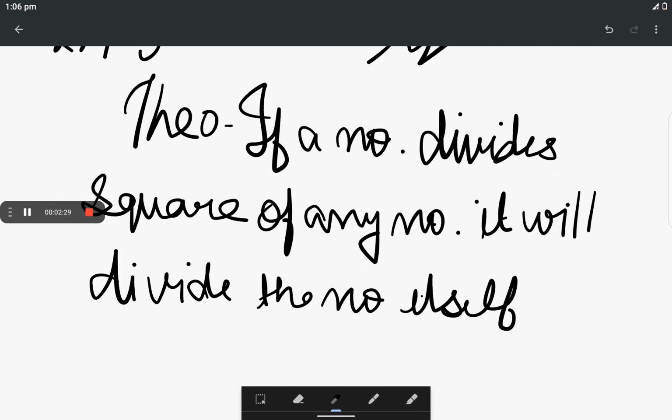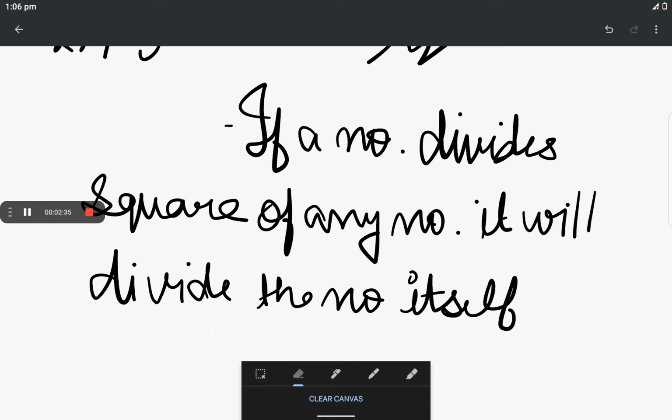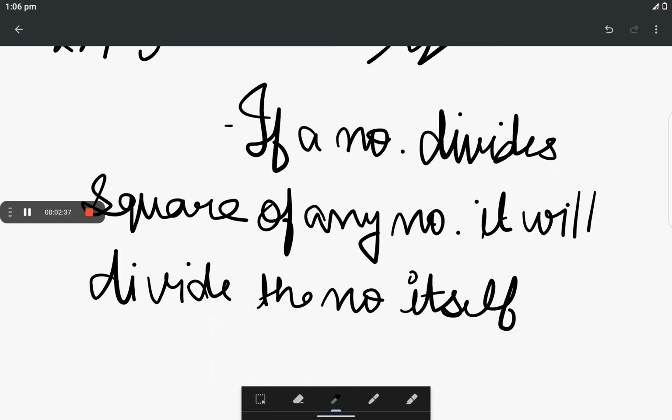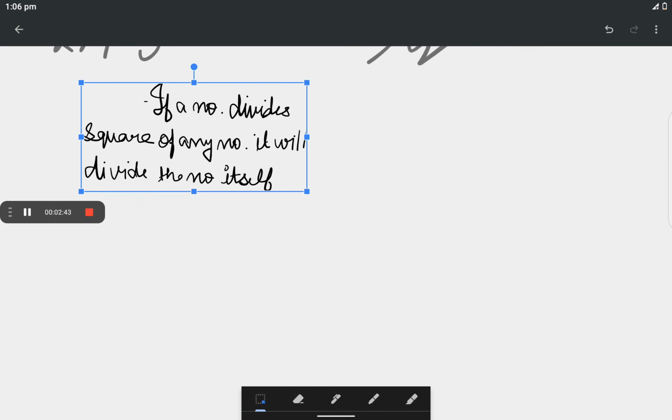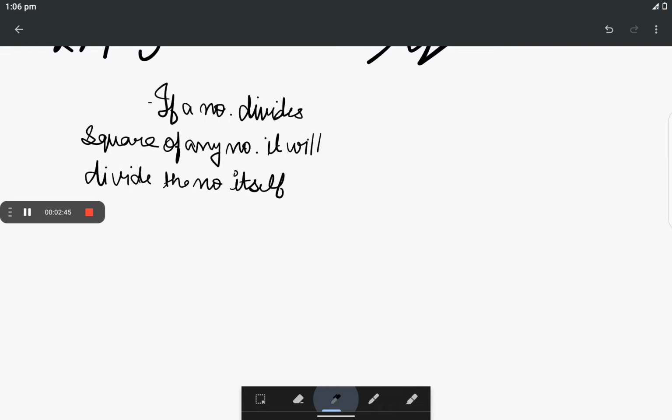So it's a very important theorem that would help you not only in this chapter but in your higher classes as well. So this theorem you'll have to keep in mind.